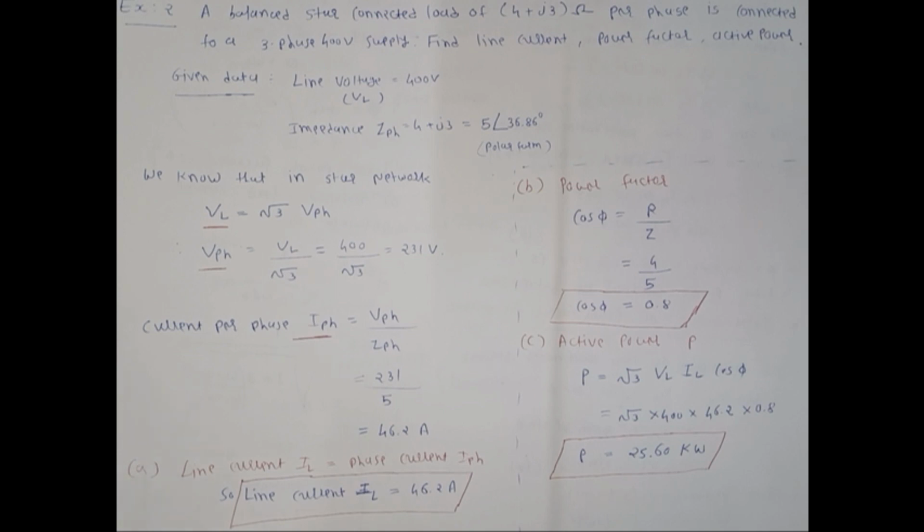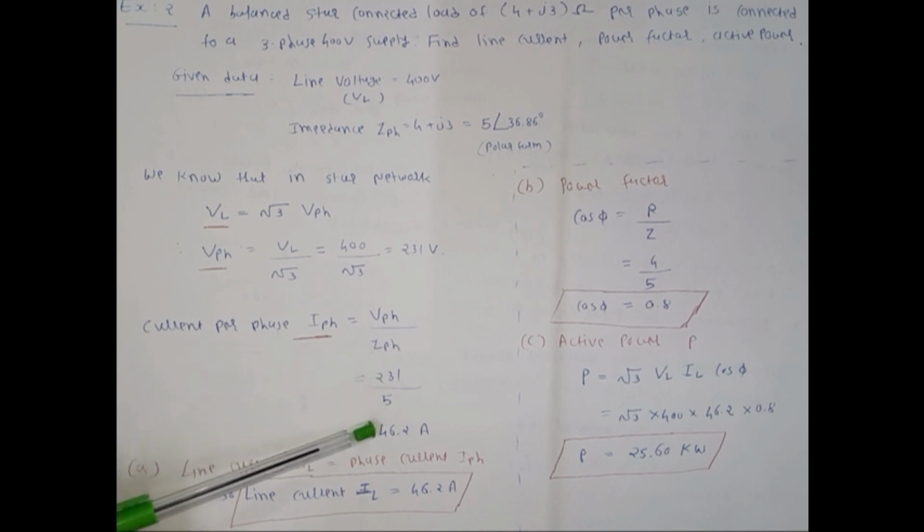Now we know, as we discussed in the previous example, Z equals V by I. So we can write I equals V by Z. So phase current IPH equals VPH upon ZPH. Here VPH is the phase voltage 231 that we found above, 231 upon ZPH equals 5.